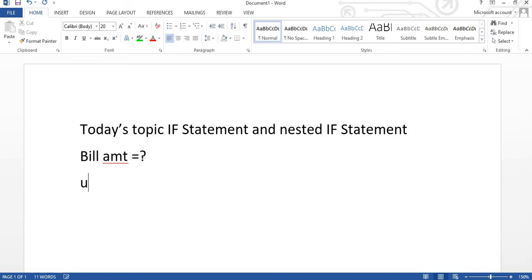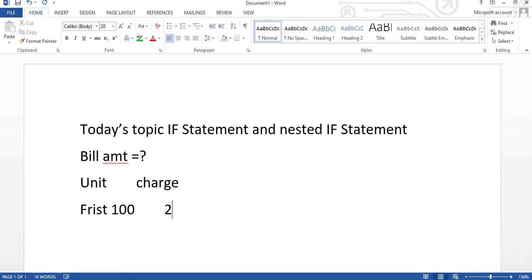How? Unit. Your electricity bill unit, and another column is the price, charge. So one unit and charge. First 100 unit charge rupees 5.